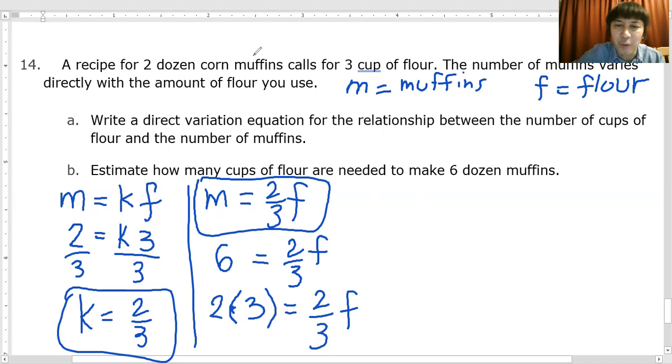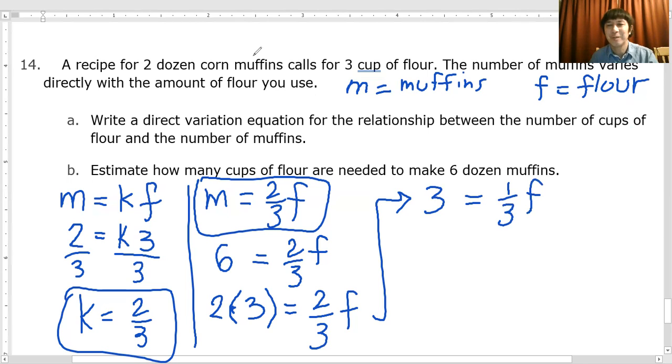The equation will be simplified to 3 equals 1/3 F. How did I get that? We divided by 2, of course. If you divide by 2, the 2 will not be there anymore. It will be replaced by 1. So 1 times 3 is 3, and 1 times 1/3 is 1/3.